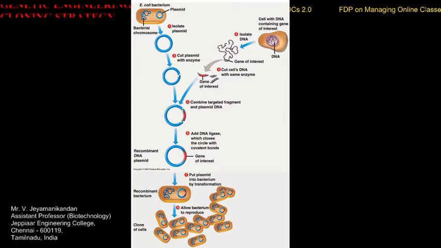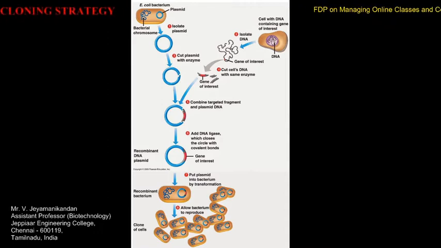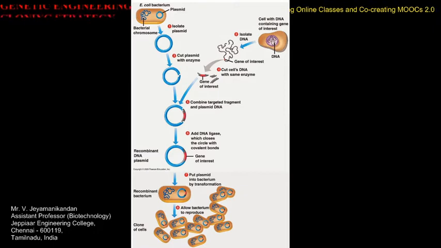After isolation, you have to restrict both plasmid and genomic DNA with restriction endonucleases. You have to choose them in such a way that your restriction enzymes should not cleave within your target sequence. Your restriction site should be flanked with your target gene of interest.